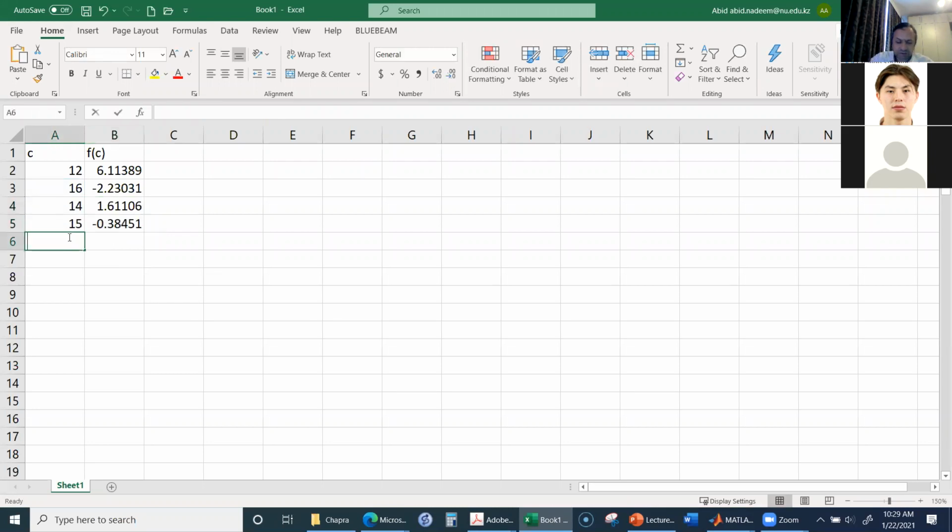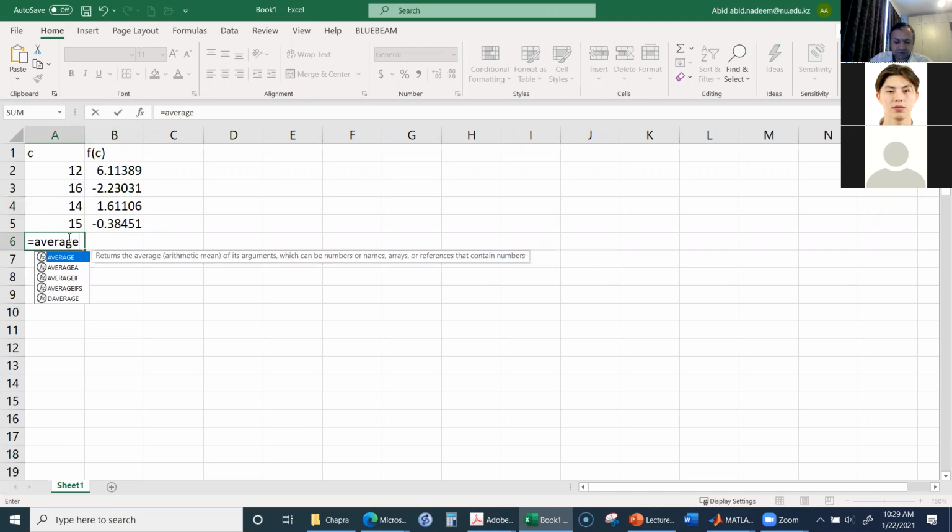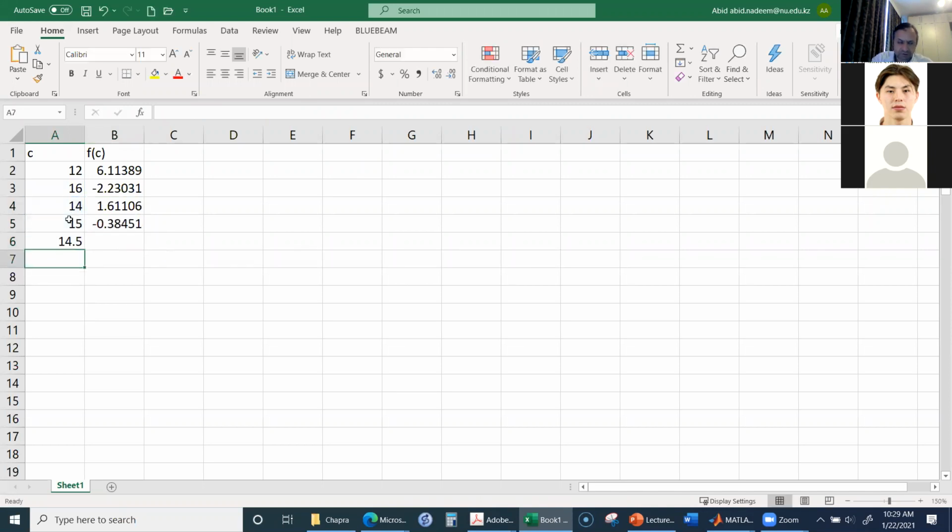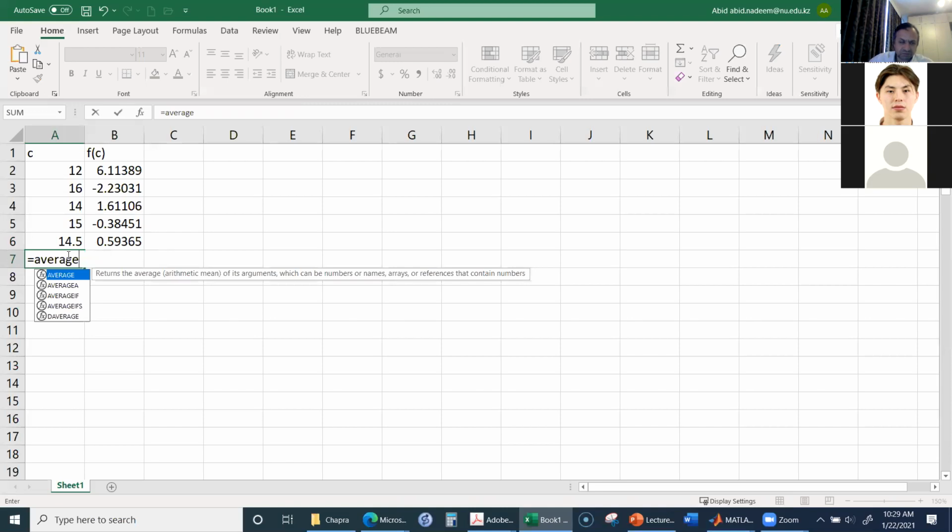So it will be the average of 14 and 15, which is 14.5. Now the value is plus again. I can take one more trial, the average of 15 and 14.5.